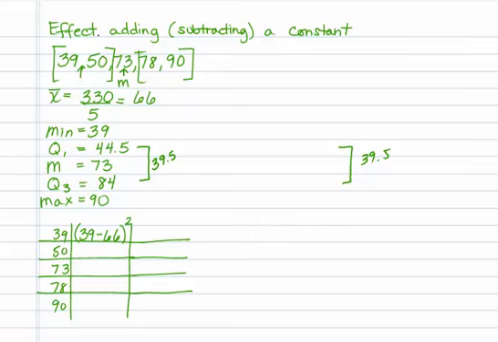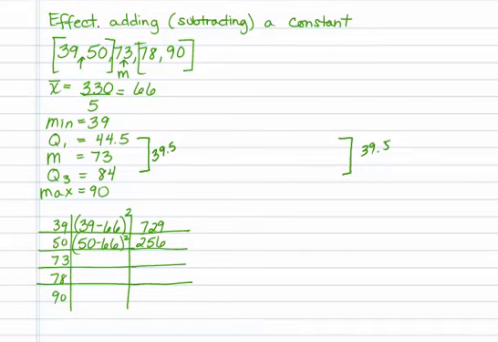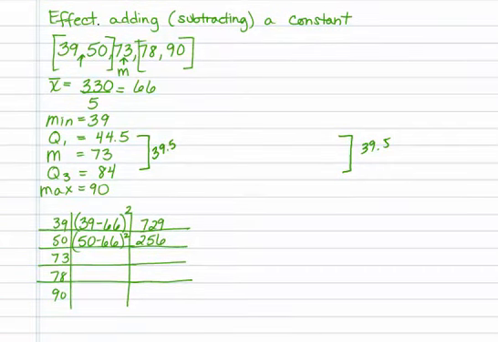So 39 take away 66 is negative 27 times negative 27 equals 729. 50 take away 66 is negative 16. Negative 16 times negative 16, 256. You can try completing the rest of the chart.